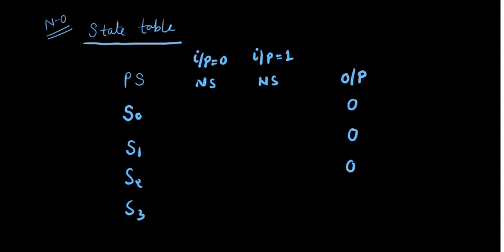So if you are in S3, output is 1, correct. Now just observe the state diagram and please complete this state table. I would write it here, and please check and stop me if I make any mistake.